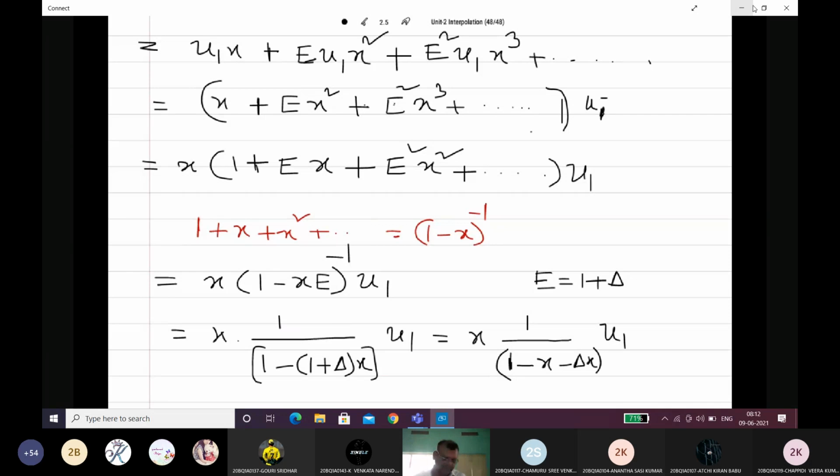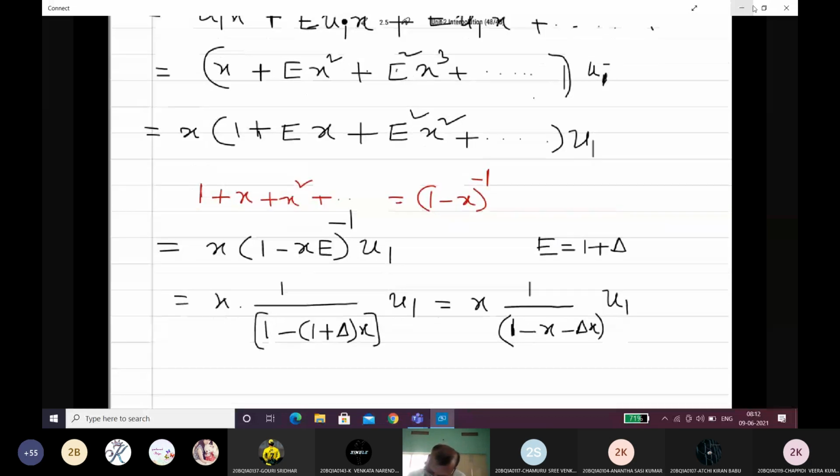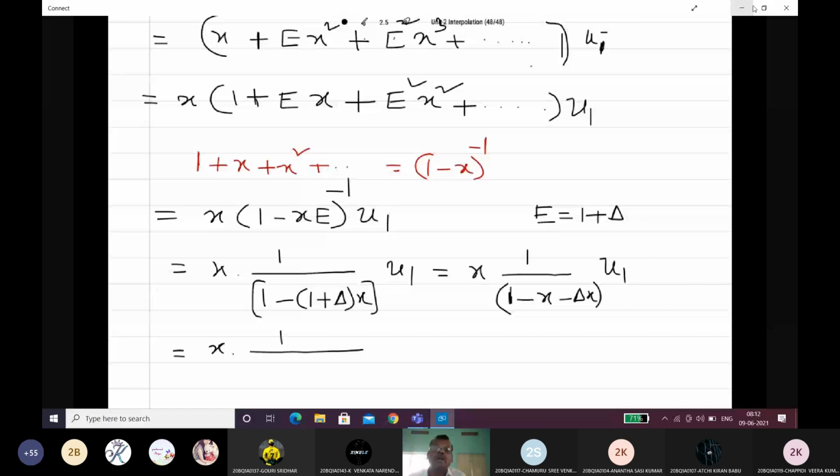In the denominator, 1 minus x is treated as one variable and delta x is treated as another variable. Therefore, we rewrite that as x into 1 by, in the denominator, taking (1 minus x) as a common term, (1 minus x) of (1 minus delta x by 1 minus x), into u1.